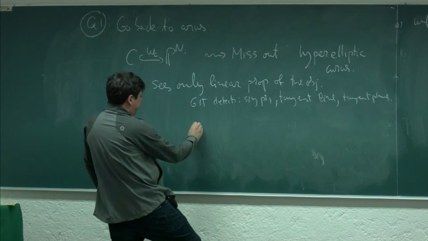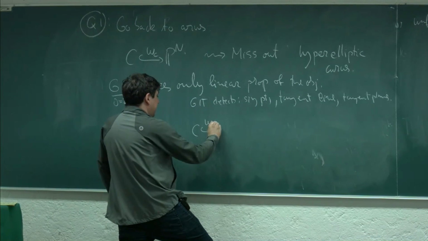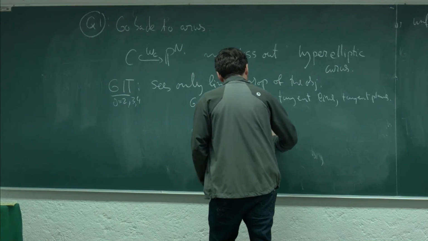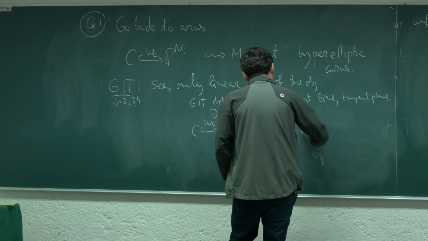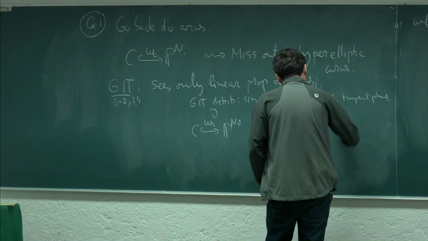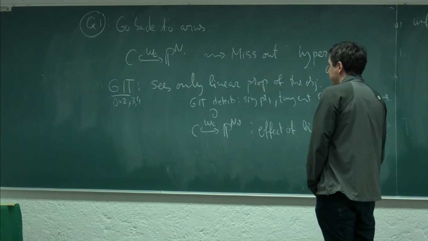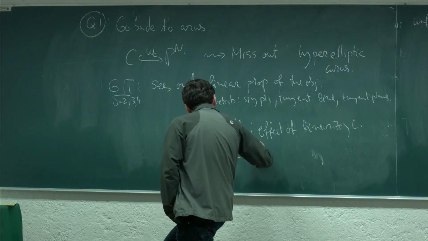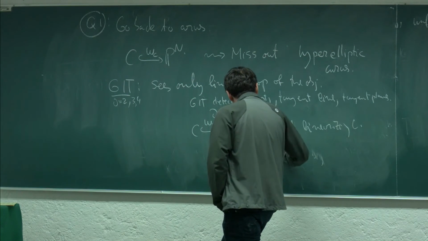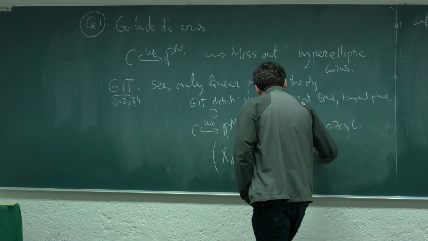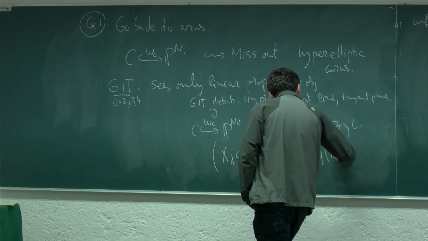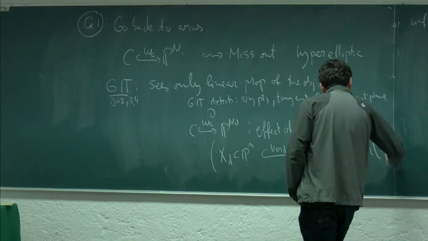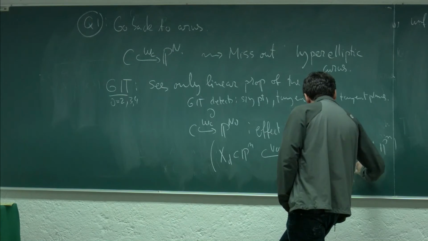But of course, if I'm taking larger and larger embedding omega_C^mu to P^n, this has the effect of linearizing C. Think about if I have X_d in P^n, if I'm taking the Veronese d, then the Veronese of X_d inside the Veronese of P^n actually becomes a hyperplane section.